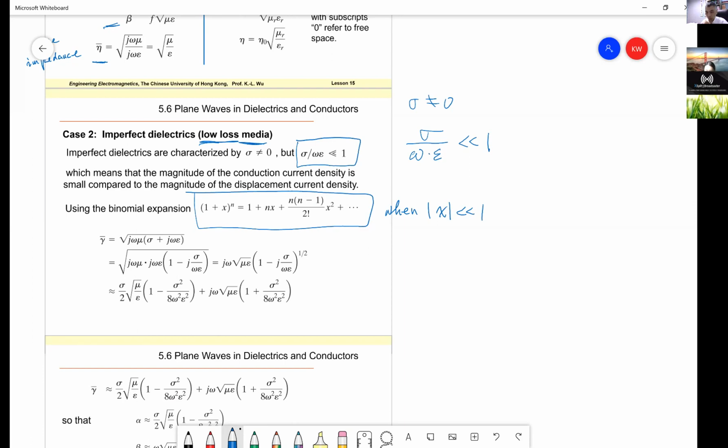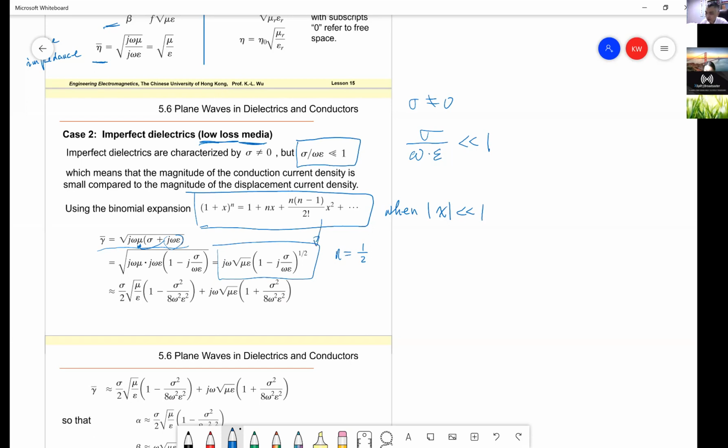Then we apply this expression to our general expression for gamma. I take j omega outside of the bracket, and we can write it in this form. In this case, n equals 1/2.